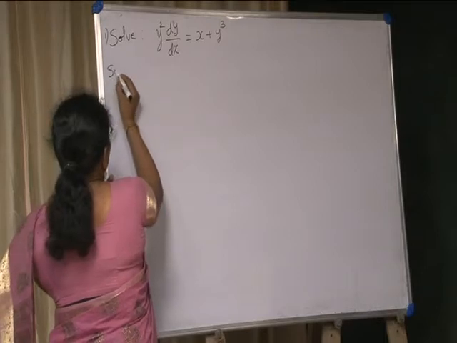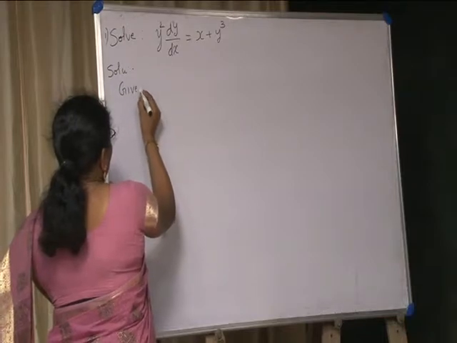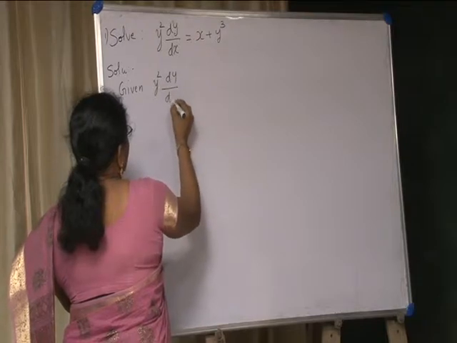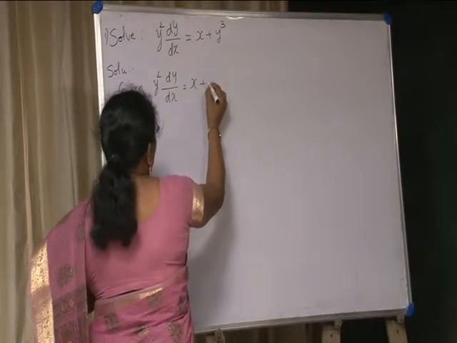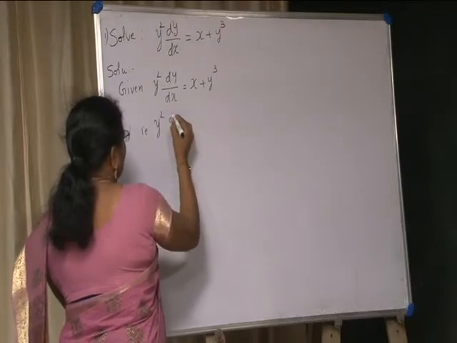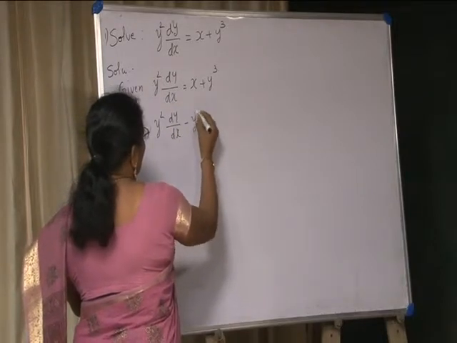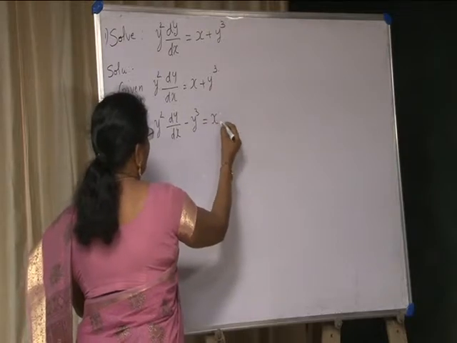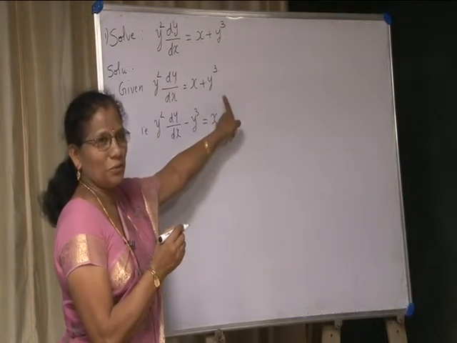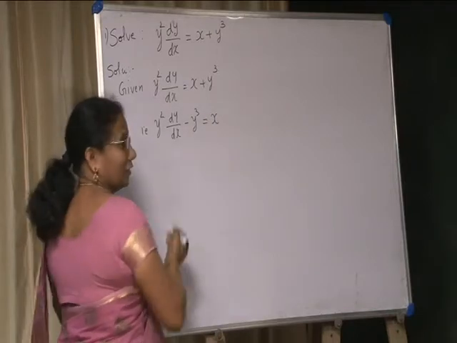Solution: given y squared dy by dx is equal to x plus y cube, that can be written as y squared dy by dx minus y cube is equal to x. Here y to the power of 0 is there, 1, so it is not necessary to divide, but here minus y cube is there.